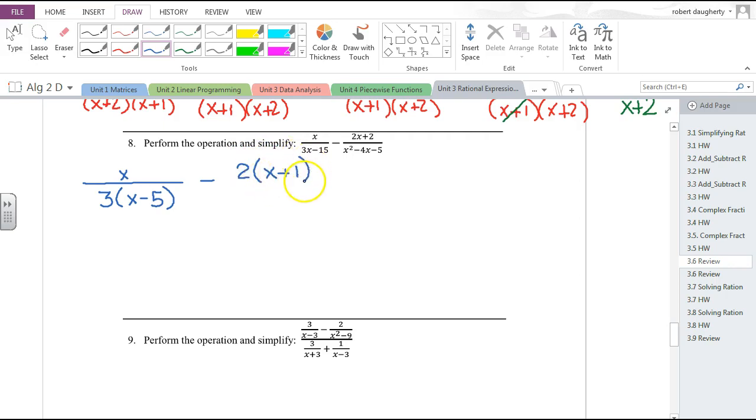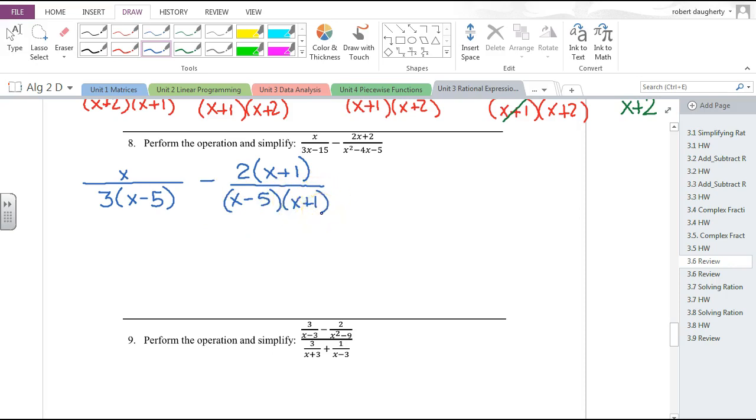So that's 2x plus 1. And then can I factor x squared minus 4x minus 5? Are there numbers that multiply to negative 5 and add to negative 4? That's a negative 5 and a positive 1. So this is (x minus 5)(x plus 1).